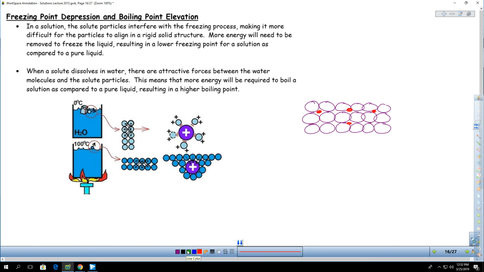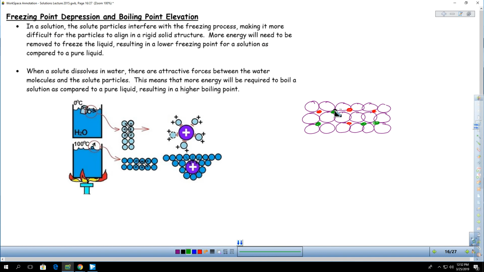And similarly, now I've got these negative chloride ions that get into the nooks and crannies and make it harder for these water molecules to align in this perfect repeating crystal pattern. So what happens then to the freezing point?